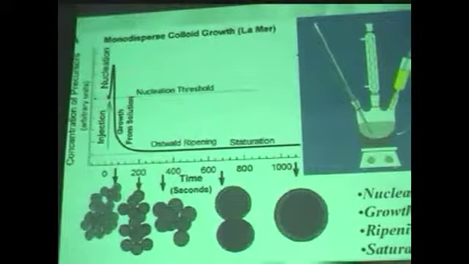This second mechanism, growth on the surface, means that the size of the previously formed nuclei of the nanoparticles will increase by the reaction of the molecular precursor at the surface of the nucleus. And of course, the concentration of the precursors will decrease. And as the concentration becomes small and at equilibrium, the Ostwald ripening mechanism will occur.